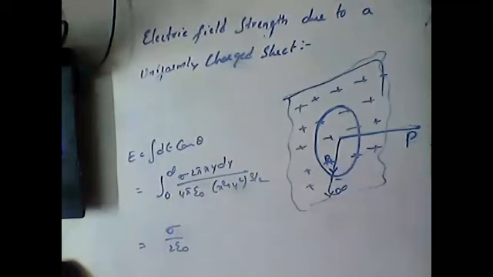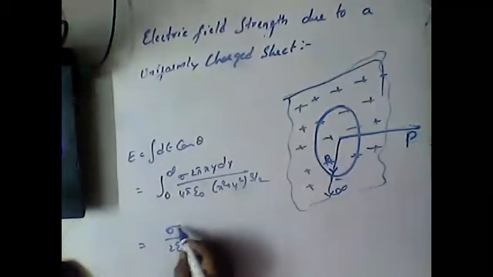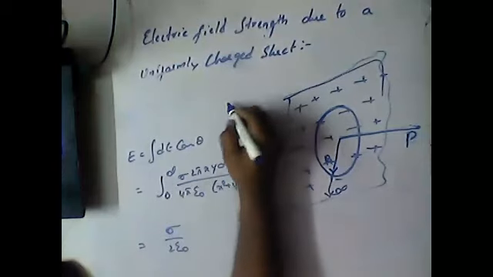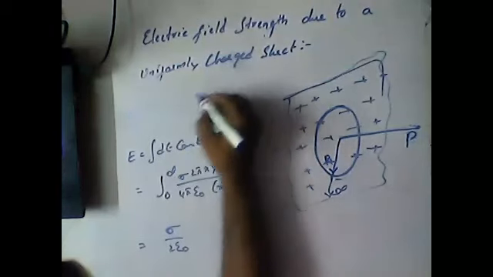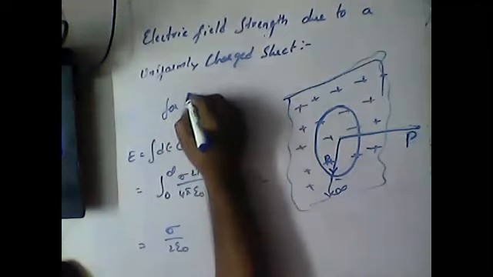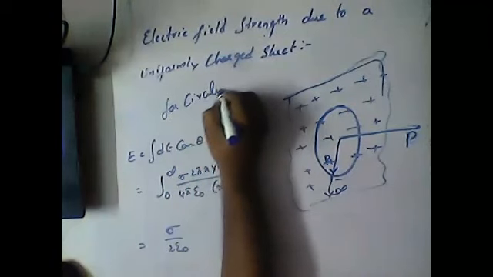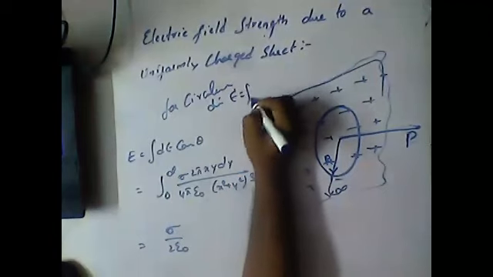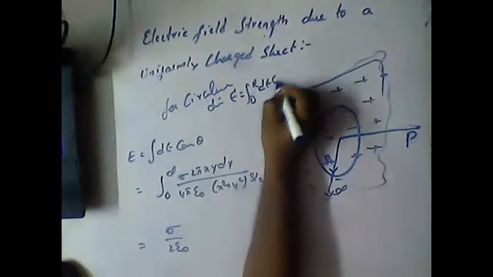In the before case we discussed it has r. Just before, the limits were 0 to r for the circular disk, E is equal to integral from 0 to r of dE cos theta.